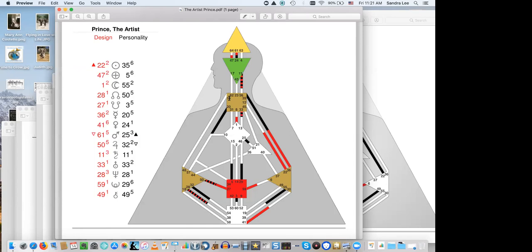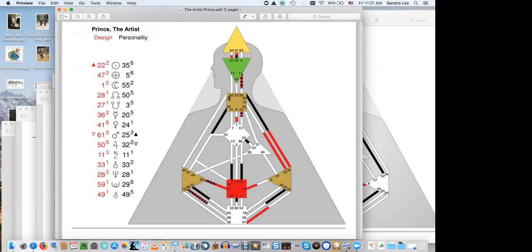So this is a gate that is about people who are good at a lot of things, people who have a lot of skills and abilities. That's the gate 35. So one thing about having the gate 35 as a conscious sun, okay, is that there are people who submitted their charts who have the gate 35.